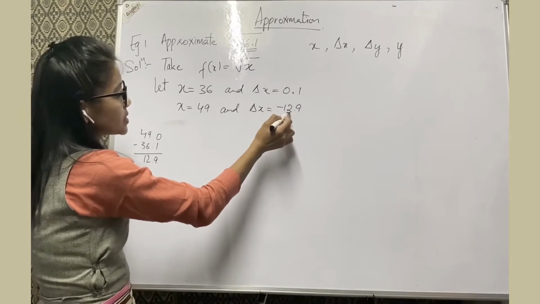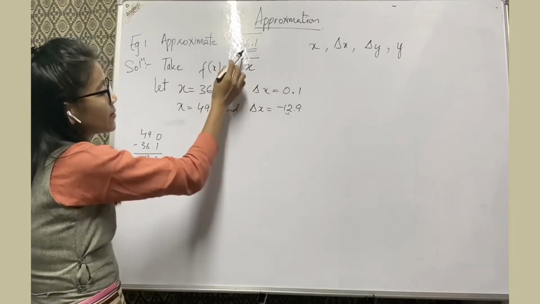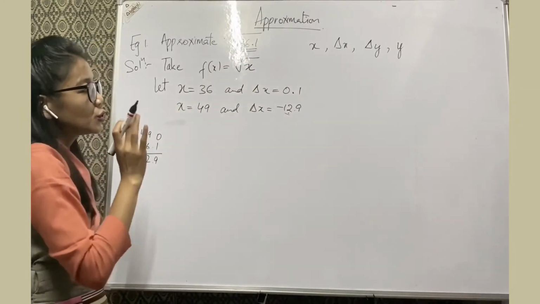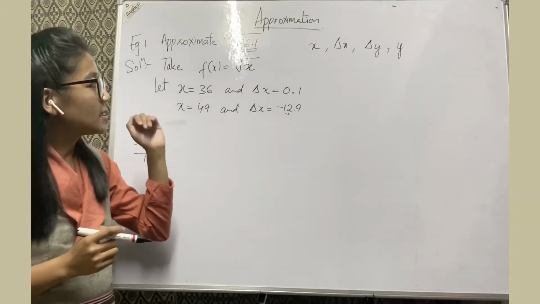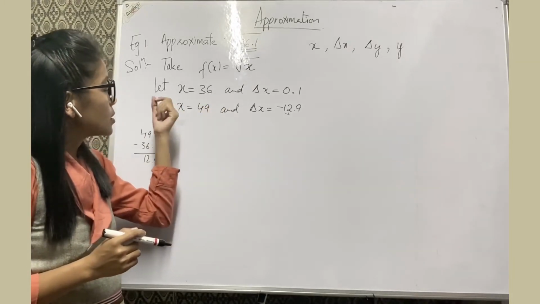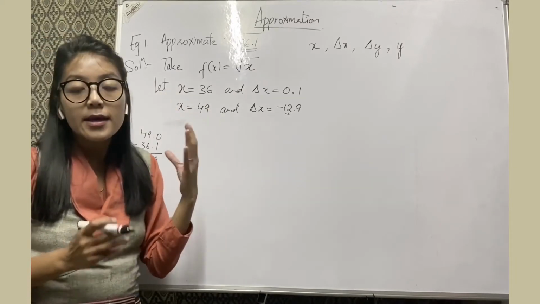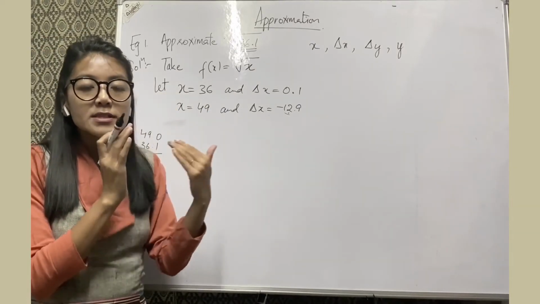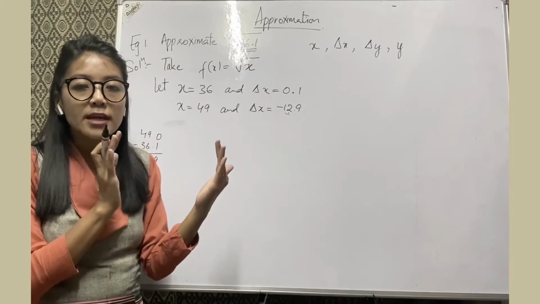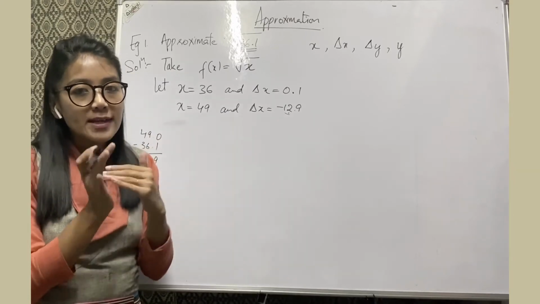This value is very much far away from 0. So you look here, your ideal selection of x and delta x is such that delta x is nearest to 0. That should be your selection of x and delta x.